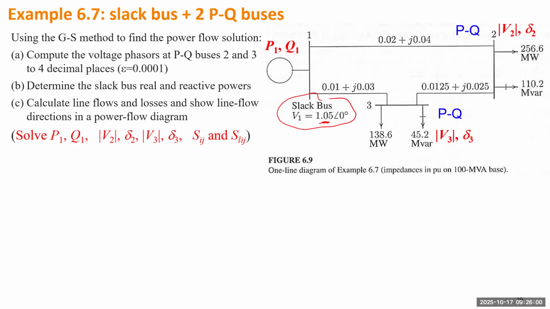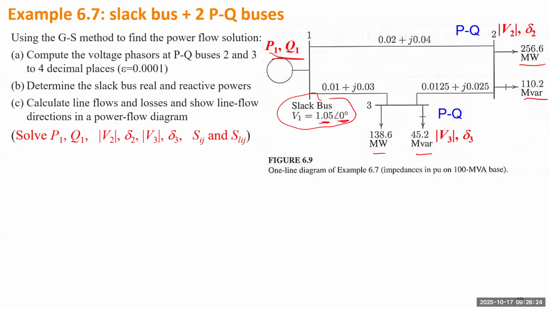We use the angle of the slack bus as a reference, which means we know both the magnitude and angle for this bus, but we need to solve P1 and Q1. The other two buses are both PQ buses, so we give P and Q at each bus, and we need to solve voltage magnitude and angle.